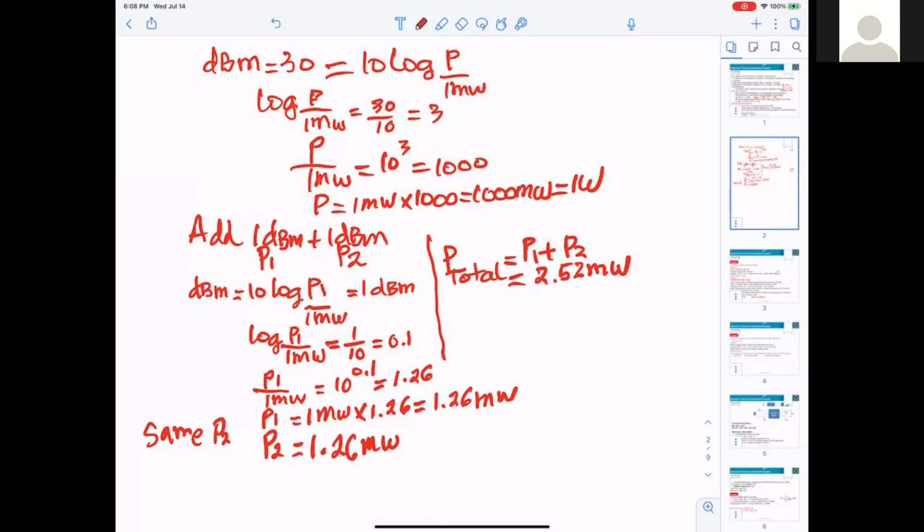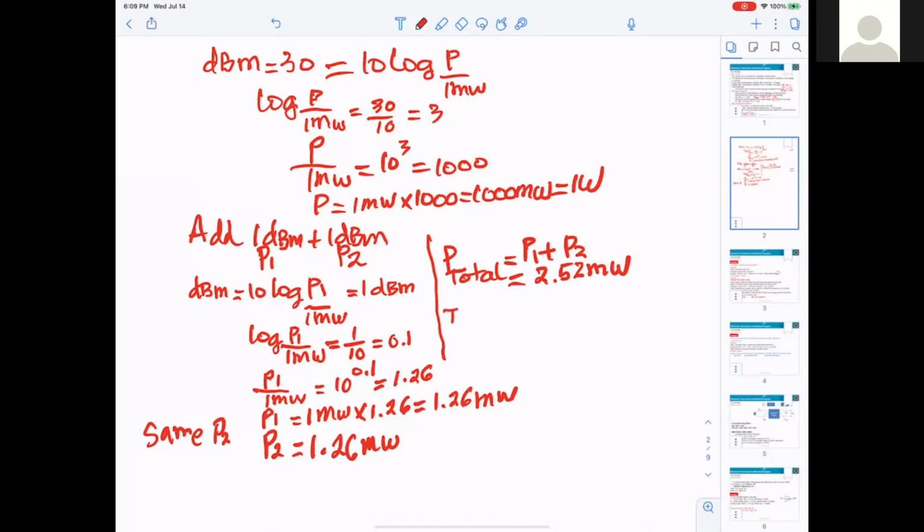The thing is, when you add 1 dBm to 1 dBm, the answer is supposed to be in dBm. So now you use the formula dBm equals 10 log P over 1 milliwatt, and use this value 2.52 as P. Correct. That means you have to go back from milliwatt to dBm. So you need to start off with the formula again.